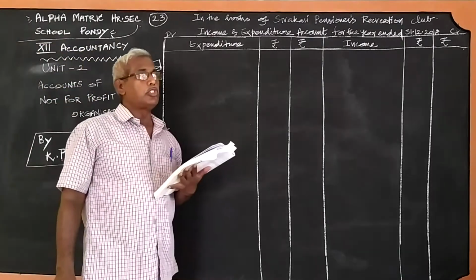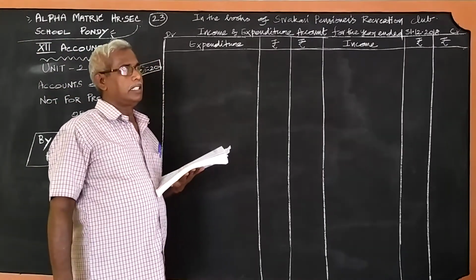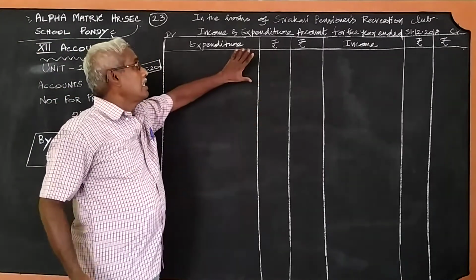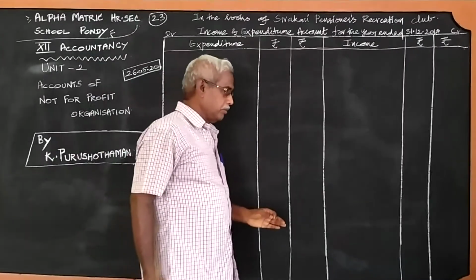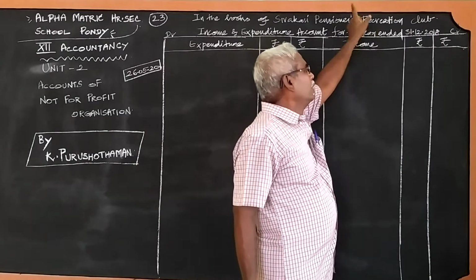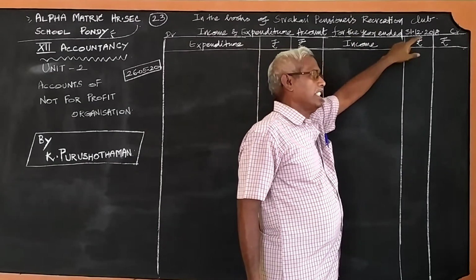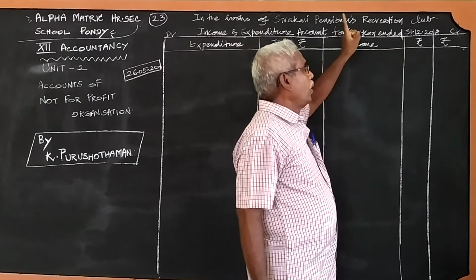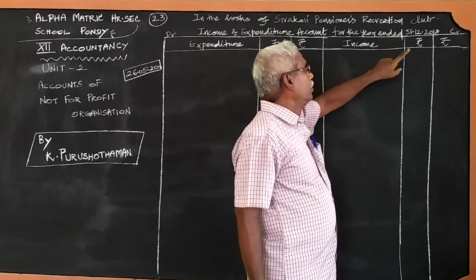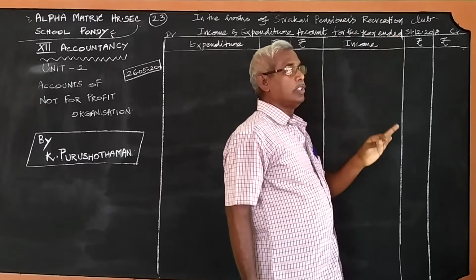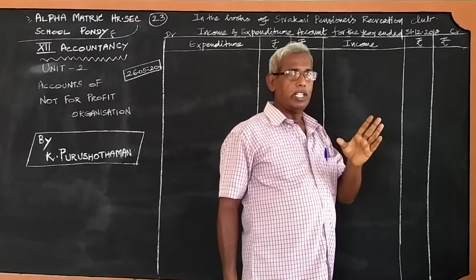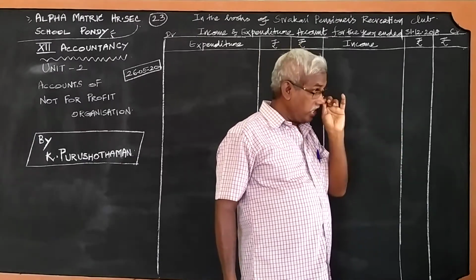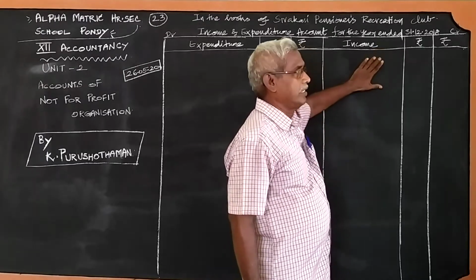What are the items to be taken under this income and expenditure account? The items related to this accounting year, that is 1/1/2018 to 31/12/2018. Only the items which are in between these two dates should be written.